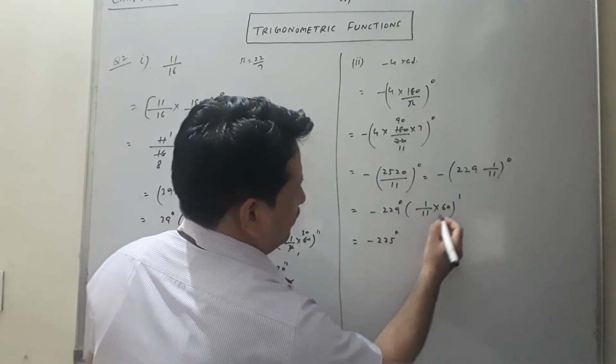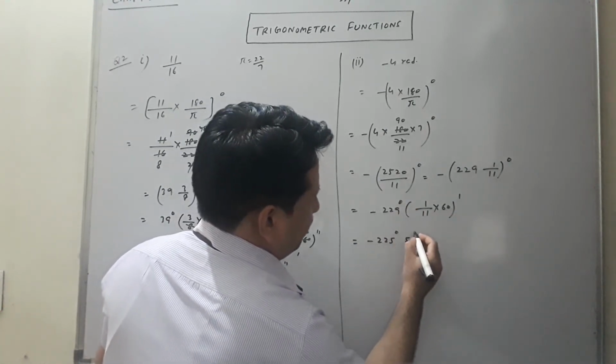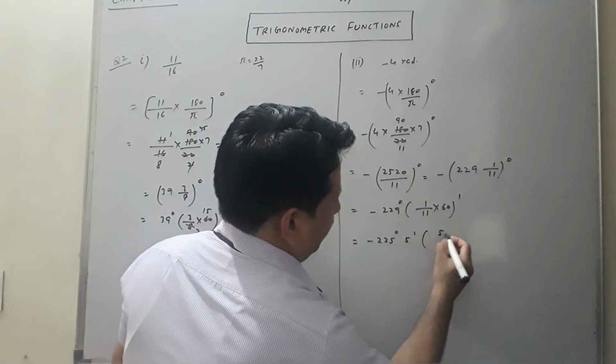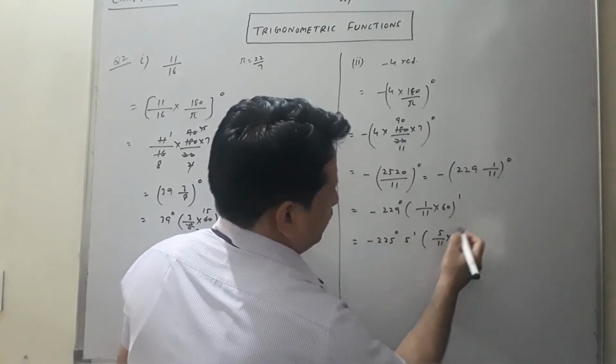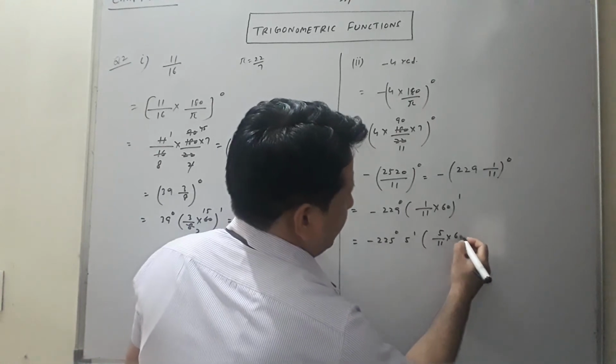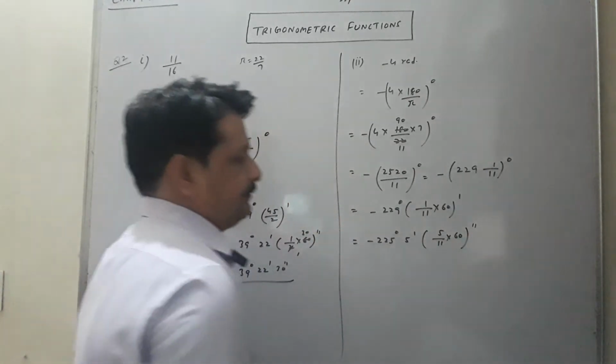This is 11. 5s are 55. 5 minutes are complete, and 5 by 11. That is, we have to change into seconds now, like this.